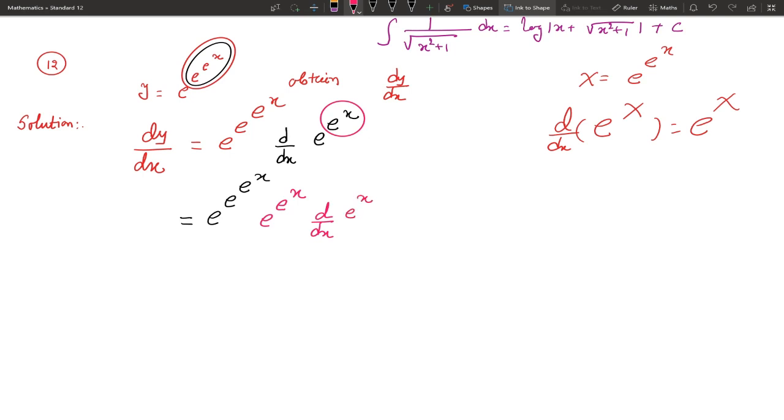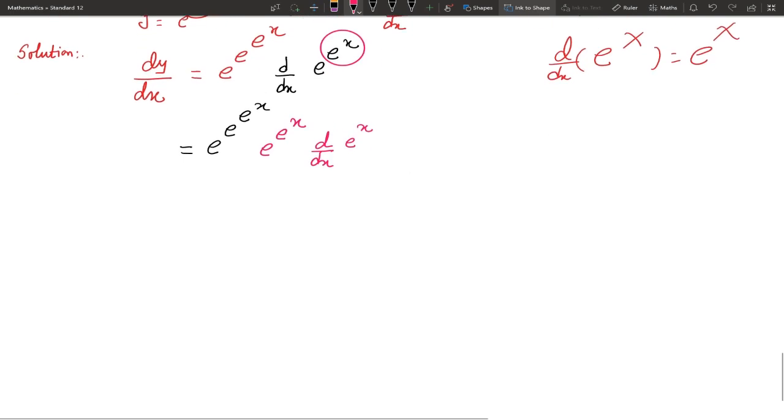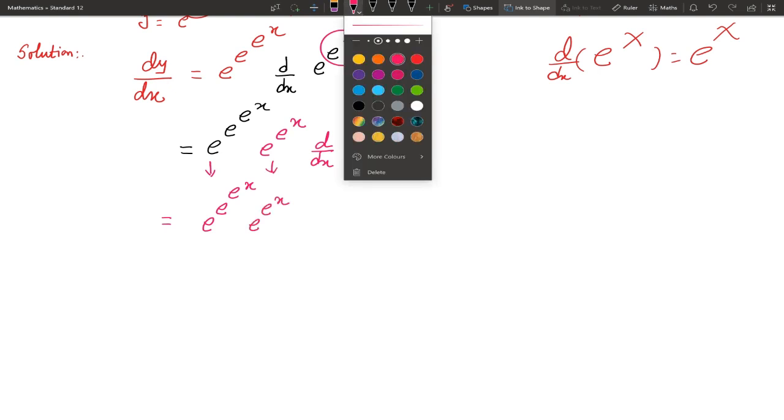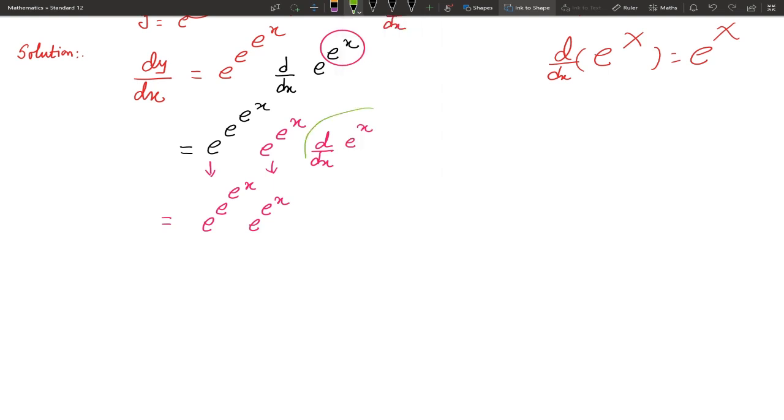So now the final answer is this one as it is, e raised to, this one as it is, e raised to, and the derivative of e raised to x is e raised to x.